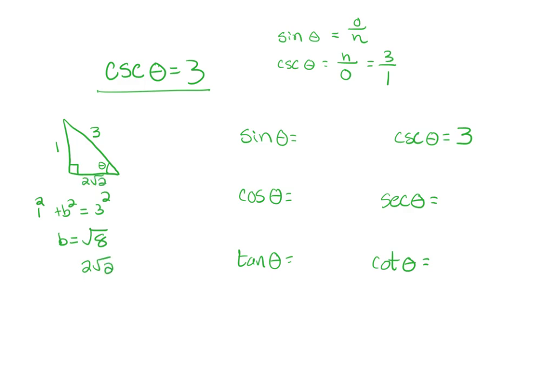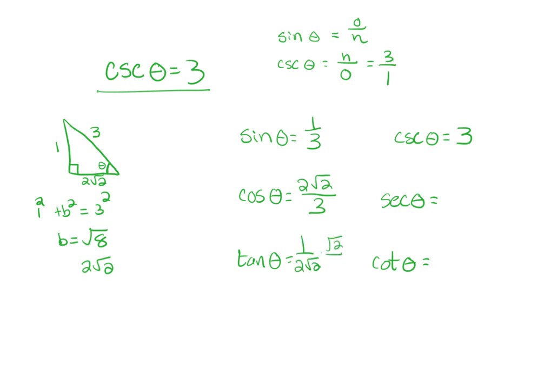And now we can do the ratios. So sine of this angle is 1/3. Cosine, 2 square roots of 2 over 3. And then tangent, 1 over 2 square roots of 2.